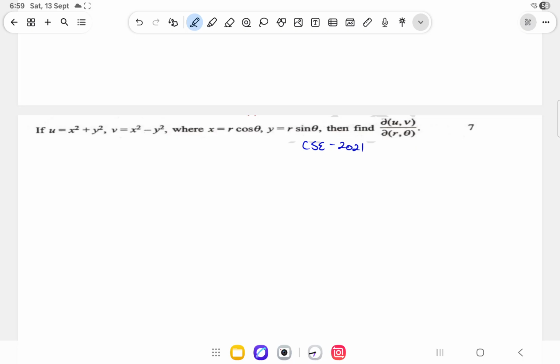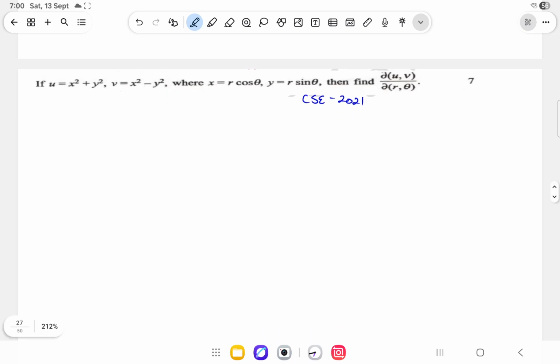So the next question says that they have given us values of u and v in terms of x and y, and values of x and y in terms of r and theta. So what we are supposed to do is find ∂(u,v)/∂(r,θ).